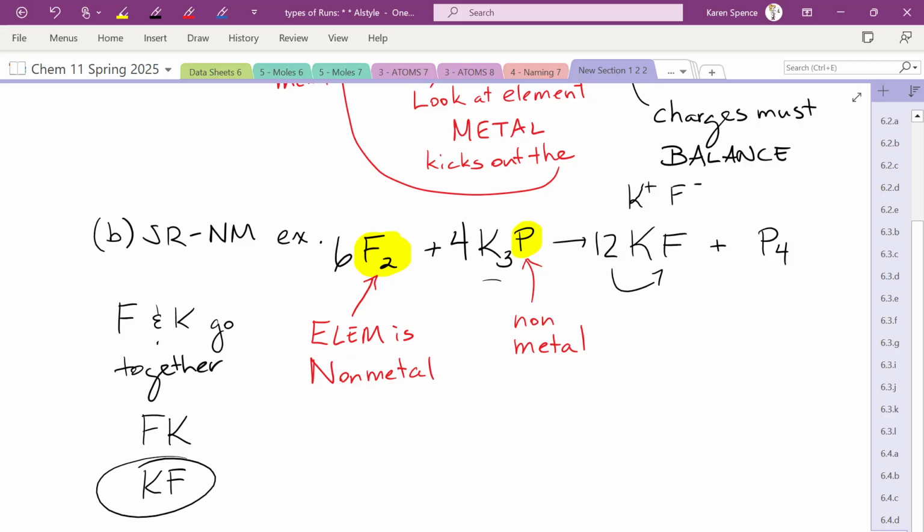Yes, you get the table of activities on the test. Yes, okay, you do not need to memorize it.